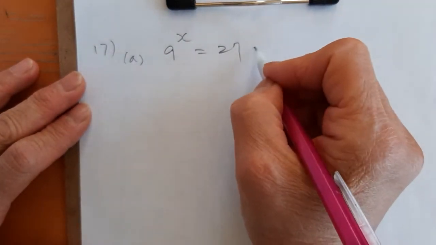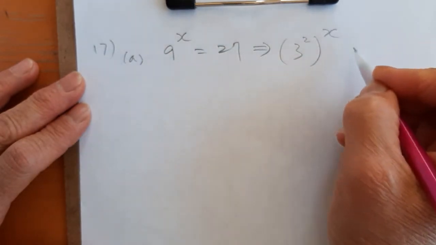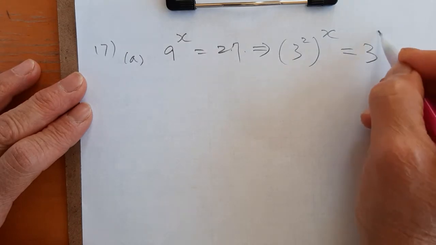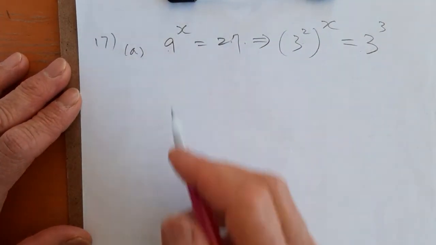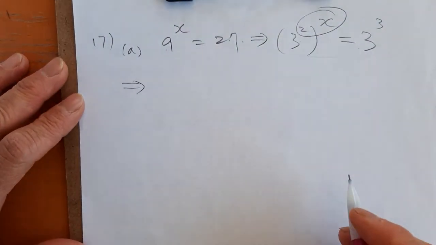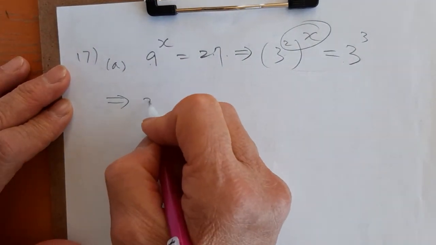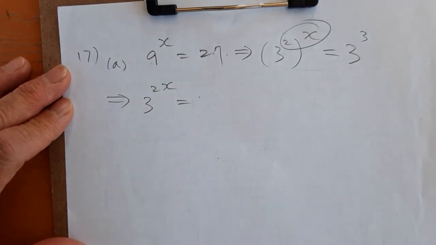First of all, change to the same base. 9 is 3 squared, to the power x, equals 27, which is 3 cubed, since 3 times 3 times 3 is 27. Then use the power rule: multiply the exponents together. 3 to the 2x equals 3 to the power 3.